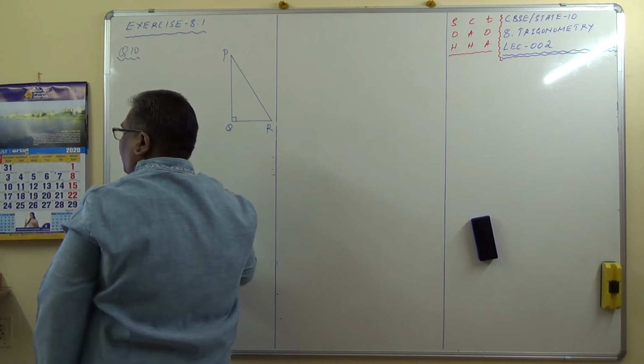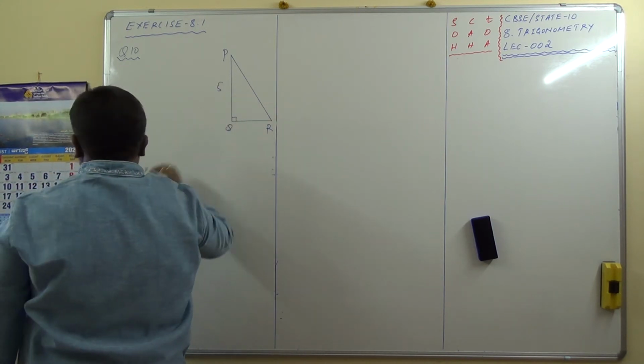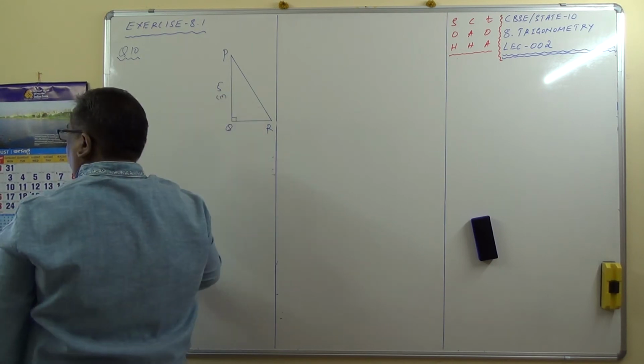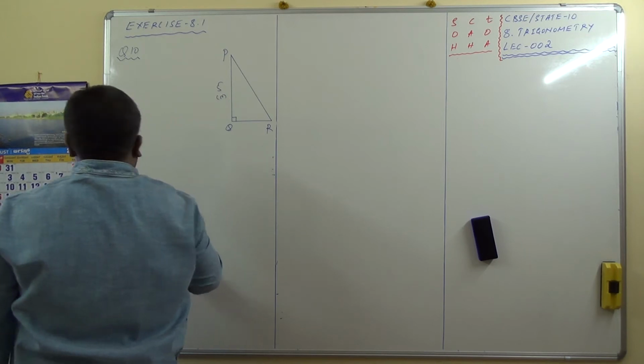Given is PQ is 5 centimeter, and PR plus QR equals 25 centimeter.